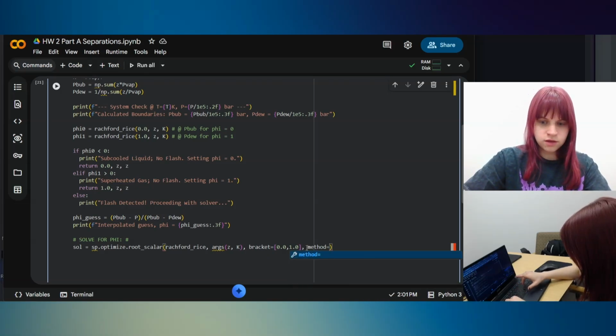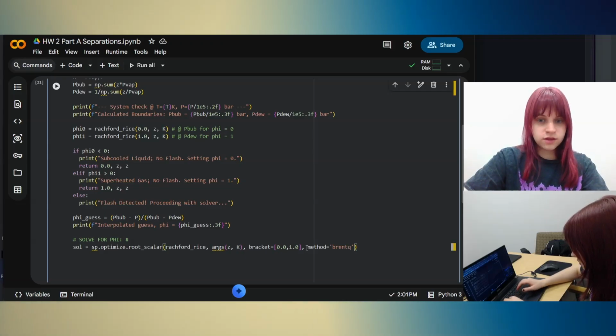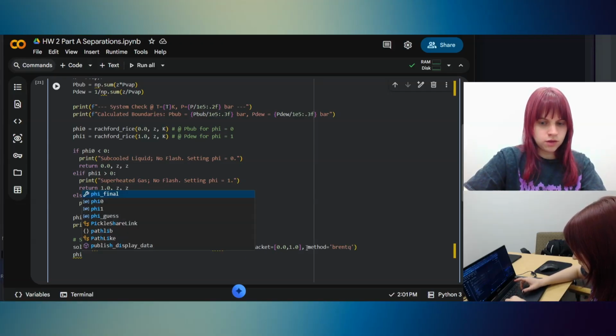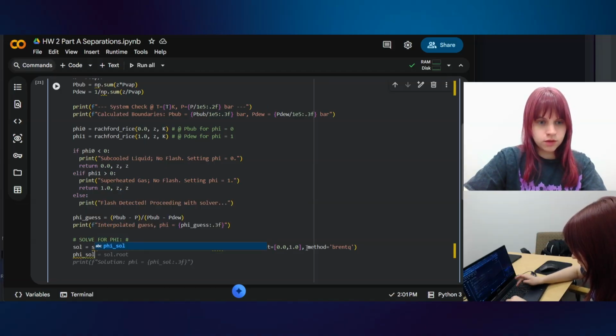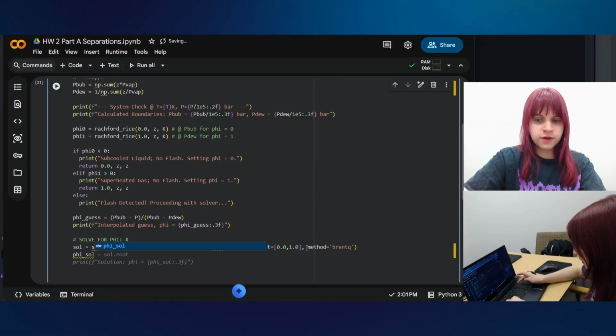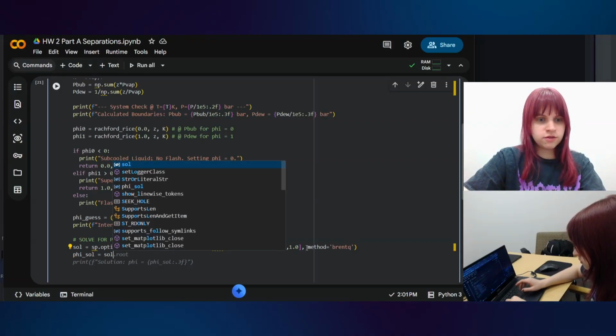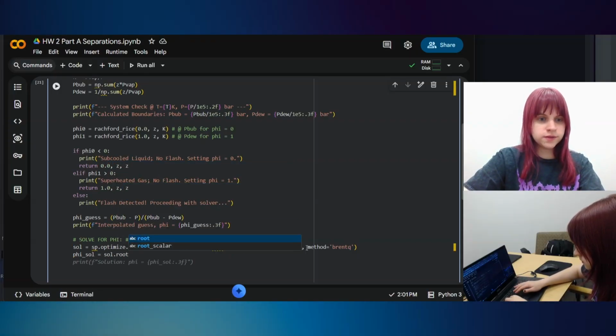And this is the method we're using this time. And then to solve for phi, we are taking this and getting the root of it.